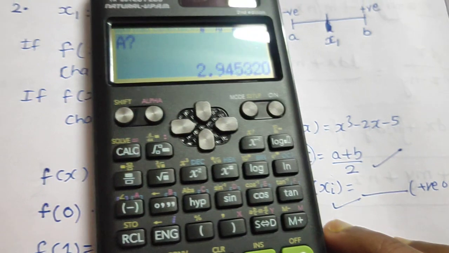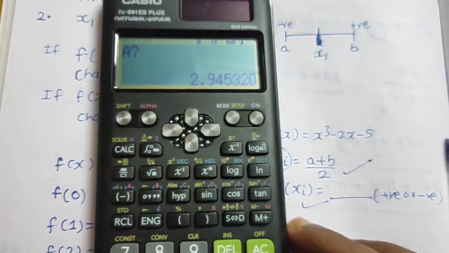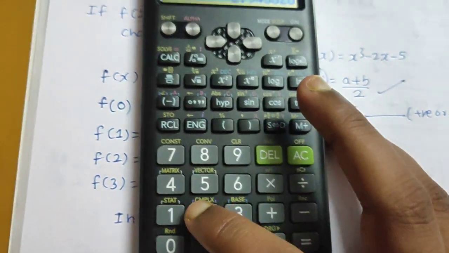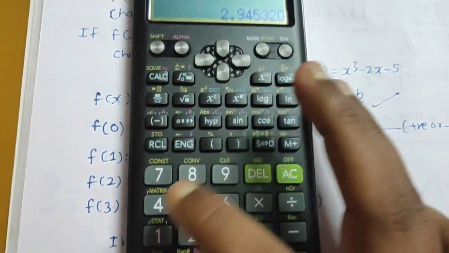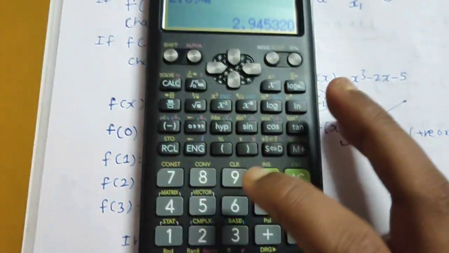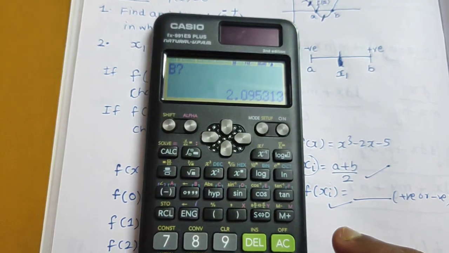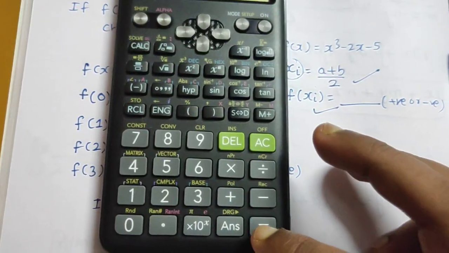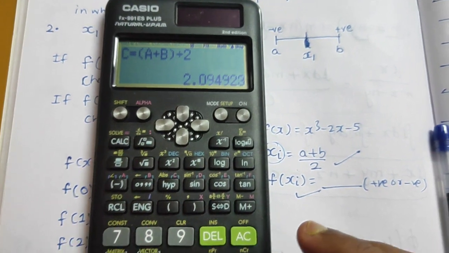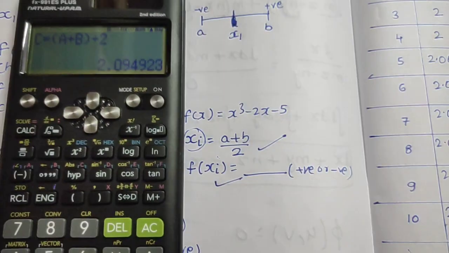So A is 2.094532. B value is 2.095313. That's what I was saying, how it came that different. 2.094923.